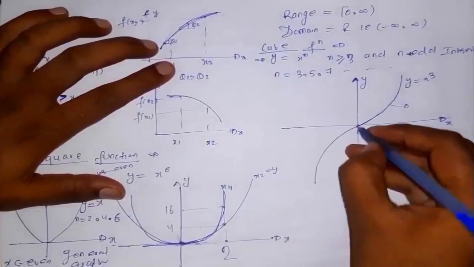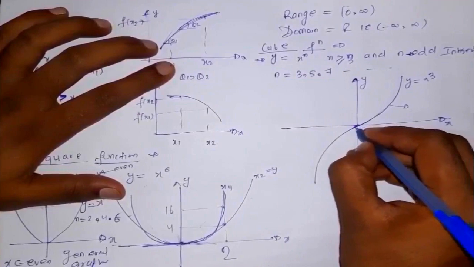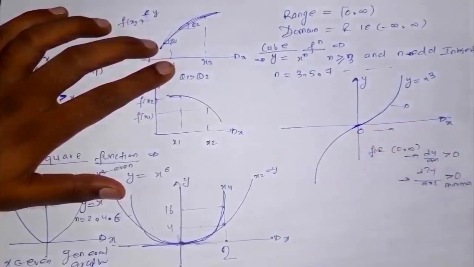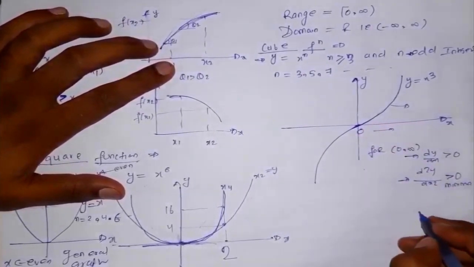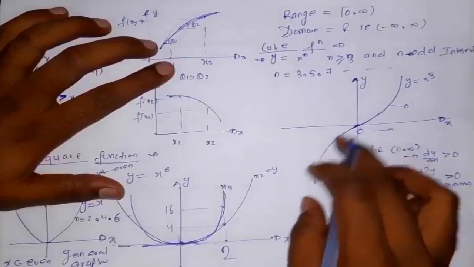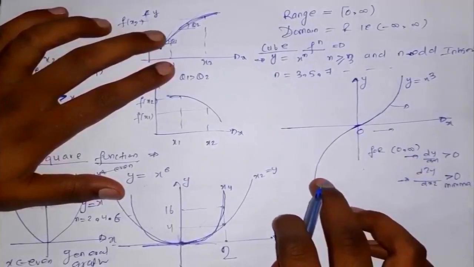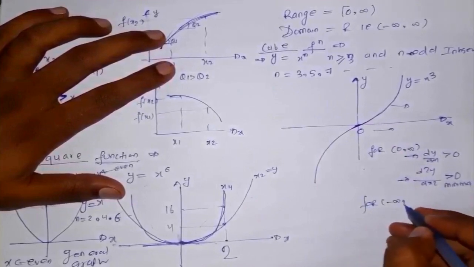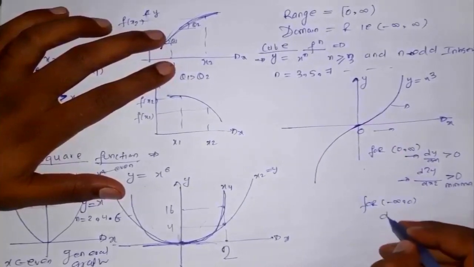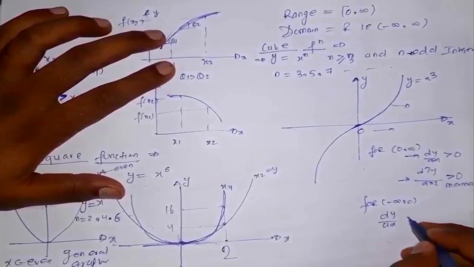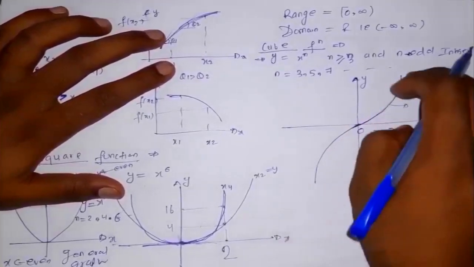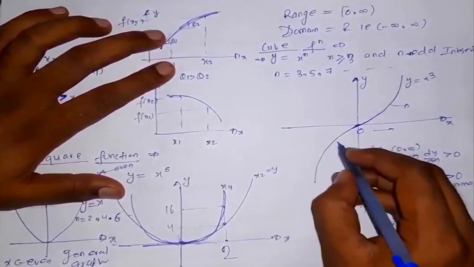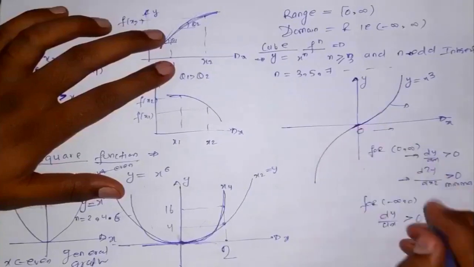For this portion, for minus infinite to 0, dy by dx will be positive, as this is also an increasing function, but the slope is continuously decreasing because this is concave down.